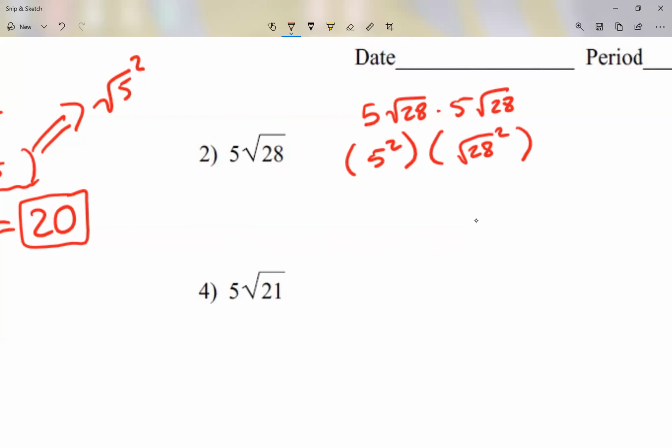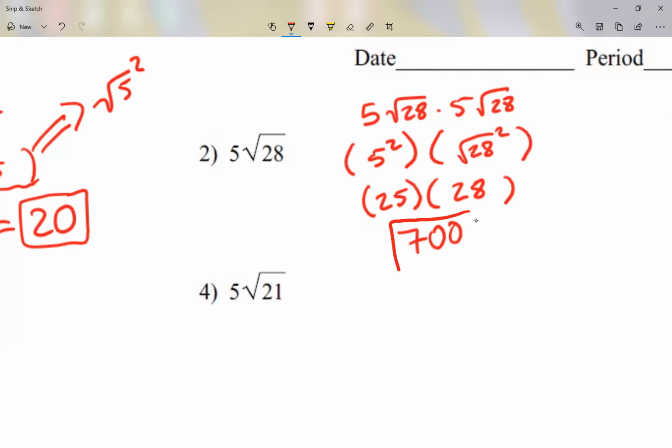Now from the first parentheses, 5 squared, 5 times 5, that's 25. On the second parentheses, square root of 28 times the square root of 28, that's just 28. I said earlier, a square root and a squared exponent, they undo each other. So now I'm just going to have 25 times 28, and that gives me 700. Don't be afraid if some of your answers are in the thousands. It is possible to be in the thousands.